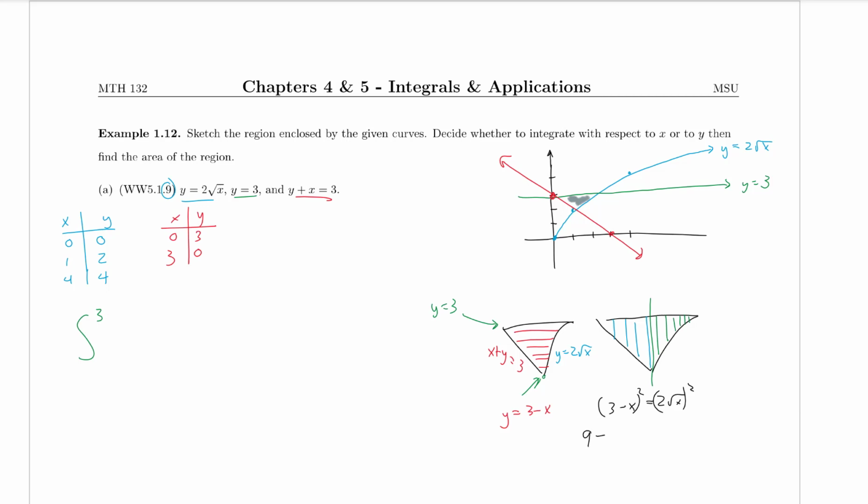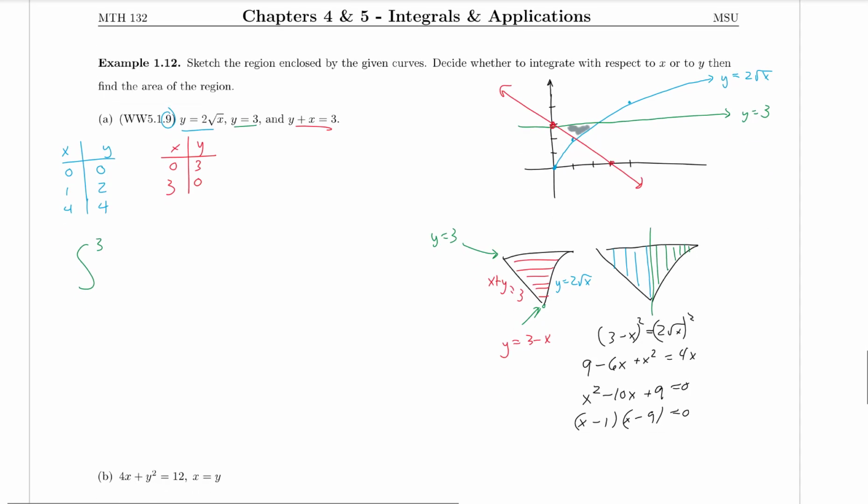So we get 9 minus 6x plus x squared is equal to 4x, or x squared minus 10x plus 9 is equal to 0. And we can factor that to be x minus 1, x minus 9 is equal to 0.